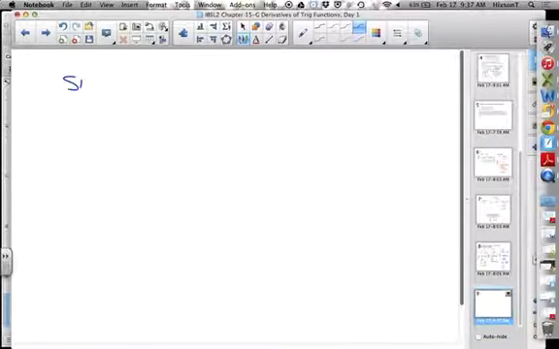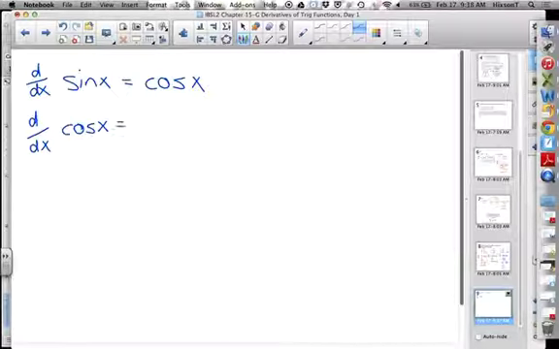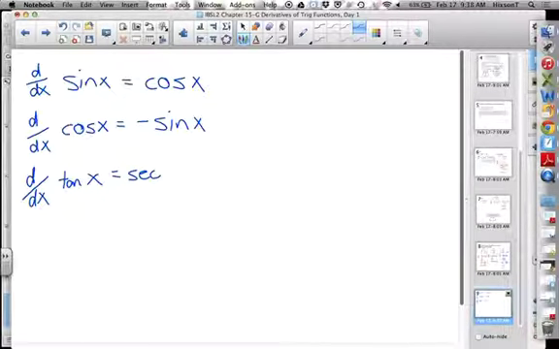Sine of x, the derivative with respect to x of sine of x is cosine of x. The derivative with respect to x of cosine of x is a negative sine of x. The derivative with respect to x of tangent of x is secant squared.